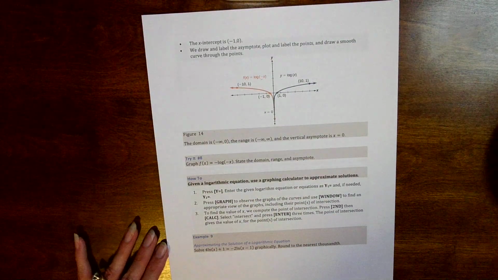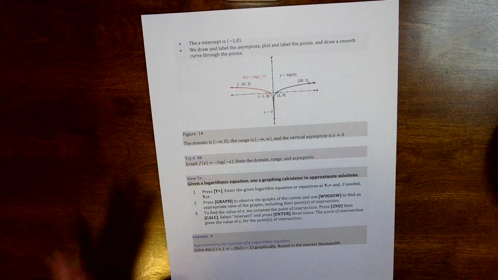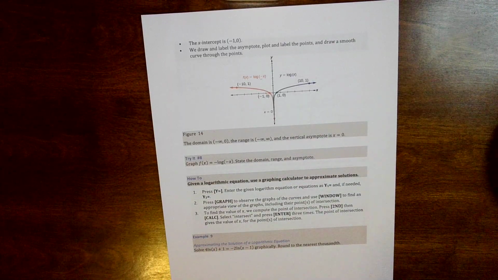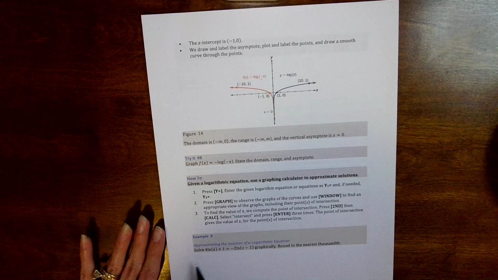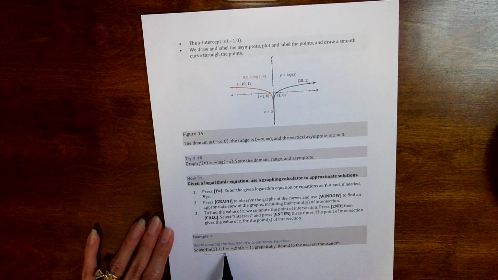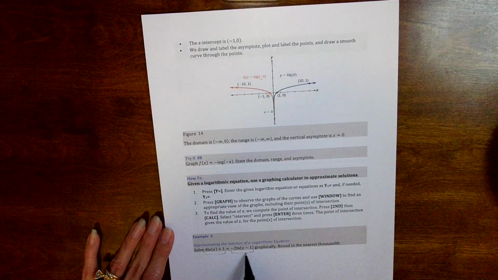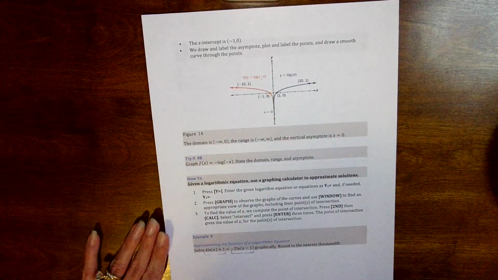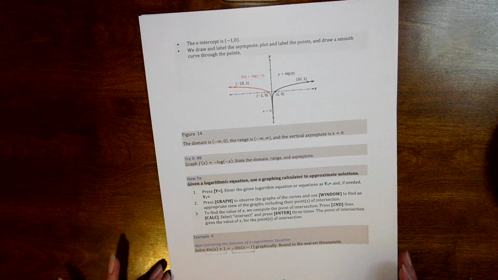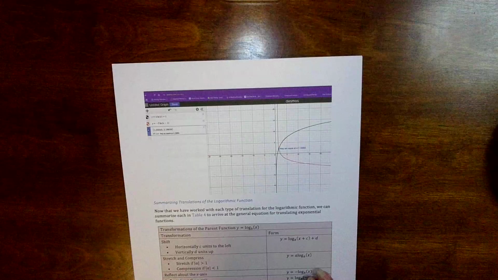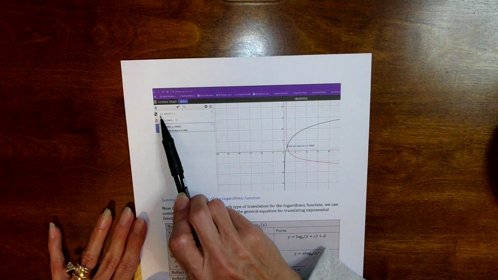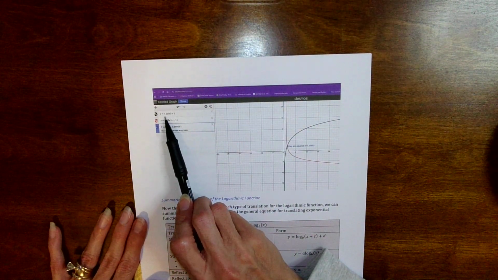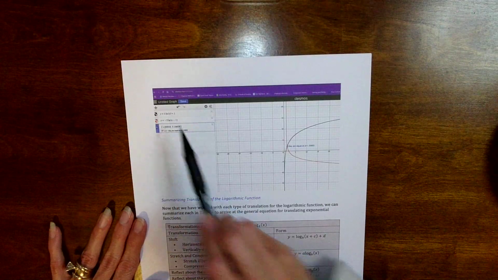So now this is approximating the solution of a logarithmic equation. Anytime we have two things that equal each other, we find where they intersect, that's where they're both true. So if I graph this one as my first equation, and this is my second equation, on Desmos I can see where they intersect, and that will be the answer. So I put it in Desmos here. In black is y equals 4 natural log x plus 1.